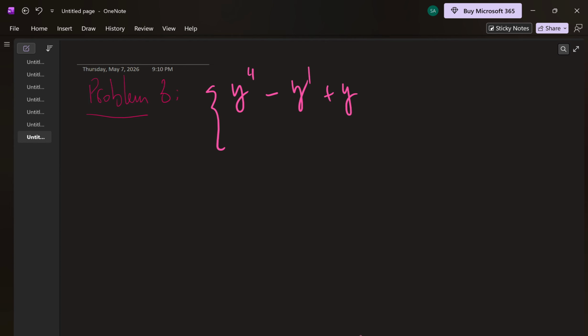The initial conditions are y of 0 is equal to 1 and y prime of 0 is equal to 2. Okay, so this is the problem.